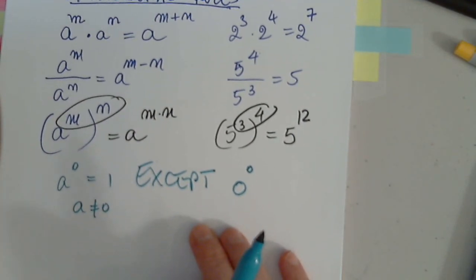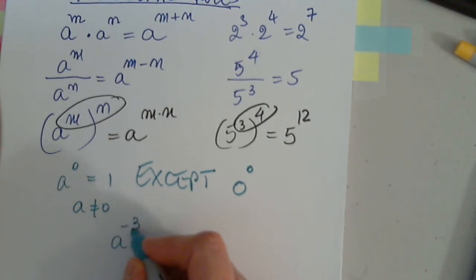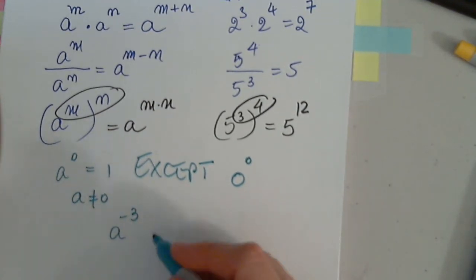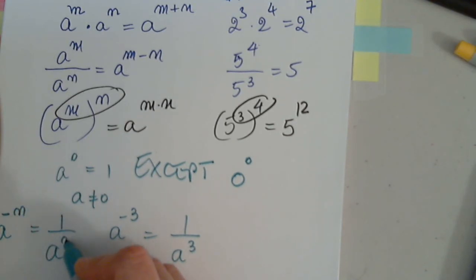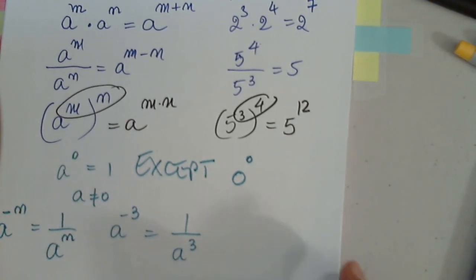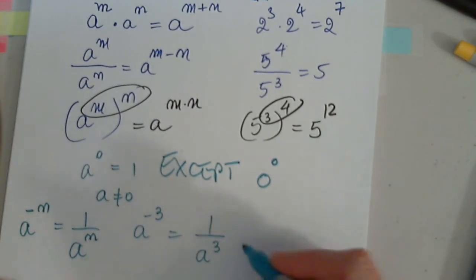Another very important one is when we raise a base to a negative power. So this is 1 over a to the third power. In general, a to negative n equals 1 over a to the nth power. Now it depends if we have a fraction.